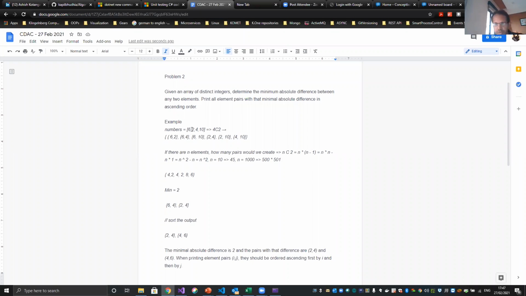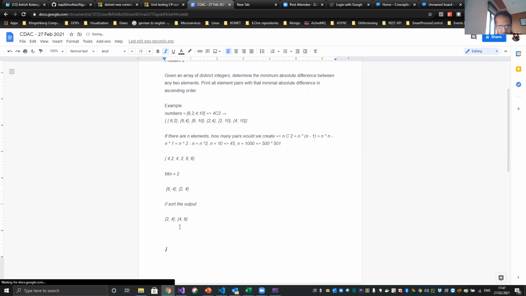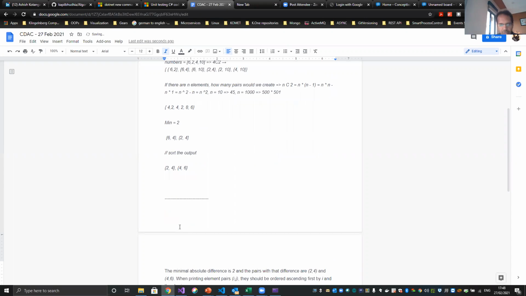So now I'm going to make a little change in this. Let's say you gave me the input 6, 2, 4, 10, and I convert that into this input: 2, 4, 6, 10.